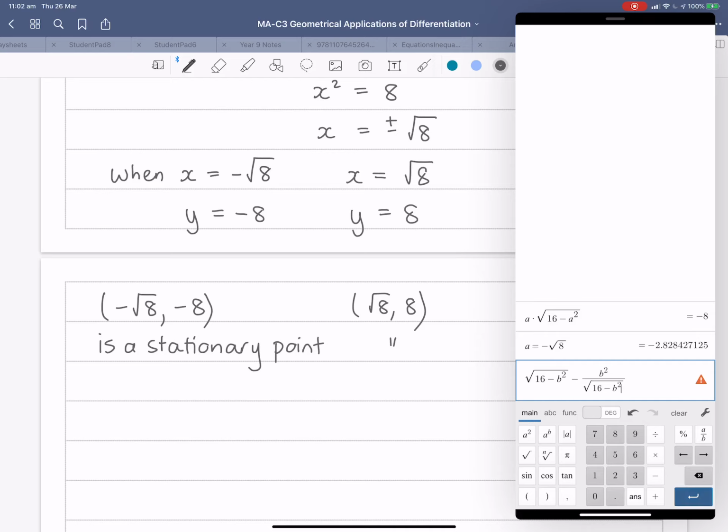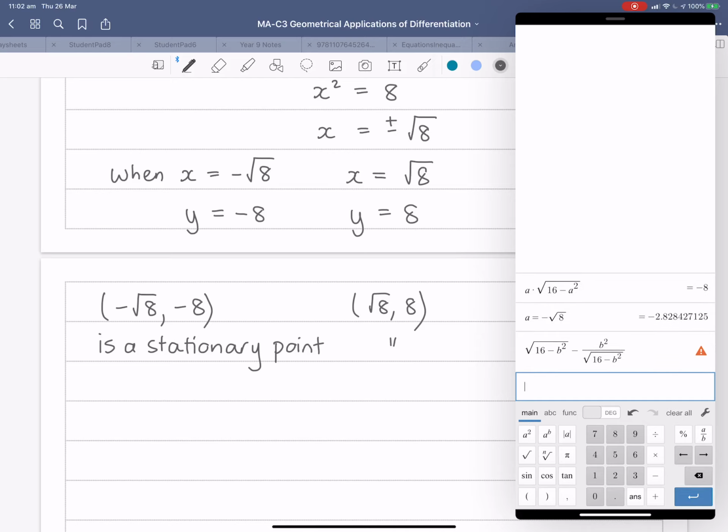Now it's complaining because it doesn't know what b is, and that's true, I haven't told it what b is.